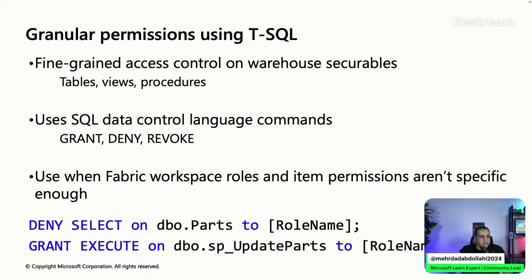We have the roles in Fabric warehouse that we can assign the users to. For example, here it is just denying the select on the table of parts to a specific role, or granting execute for a specific stored procedure for a specific role.